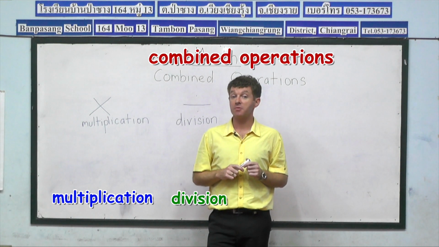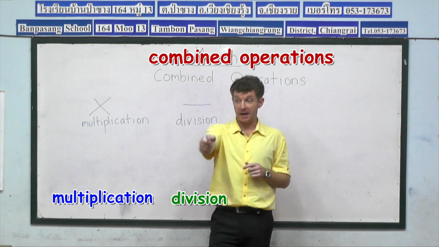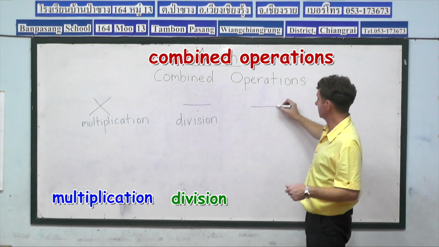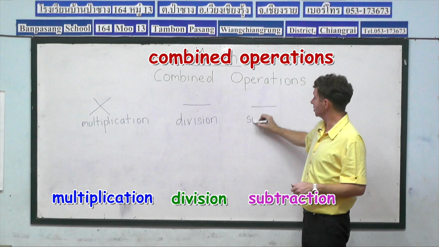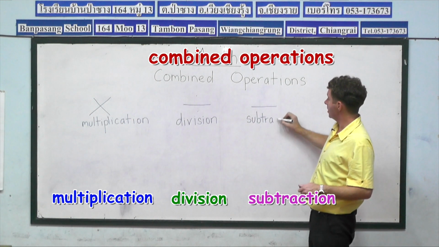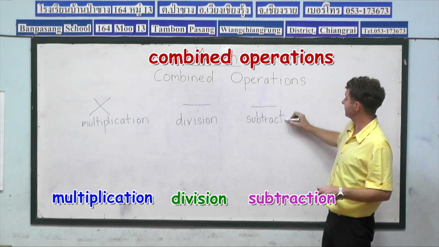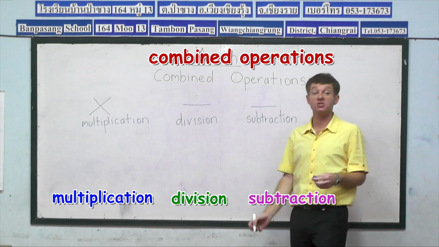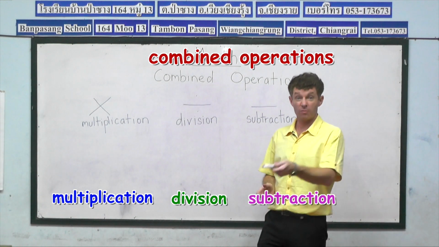Multiplication. And in one of our earlier lessons, we used 2 different symbols. Does anybody remember the others? Minus was one. Subtraction, minus or subtraction, S-U-B-T-R-A-C-T-I-O-N. Subtraction, which also means minus.